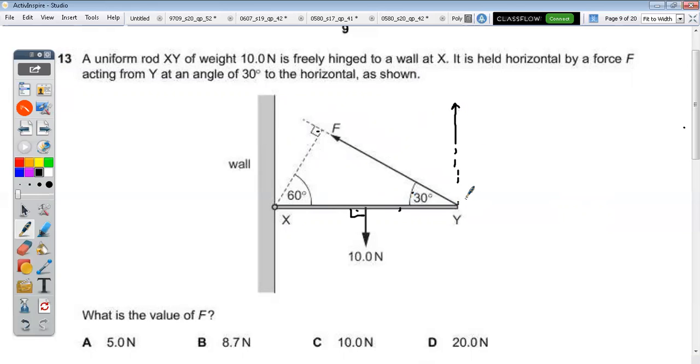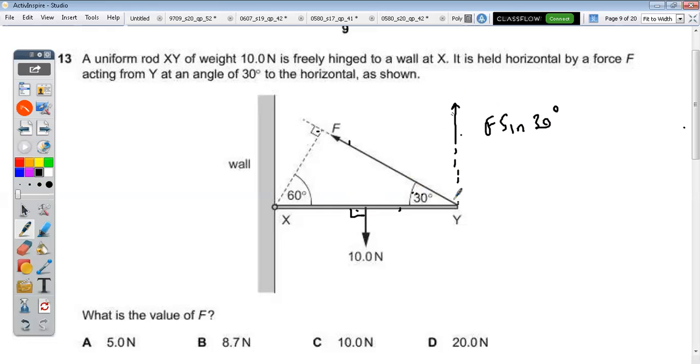It's the vertical component. Because of this angle, this is simply F sine 30. If you wanted to bring it down, it would be F cos. So this is simply F sine 30.